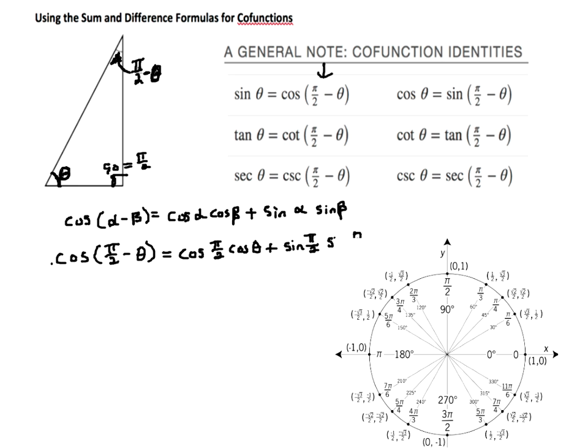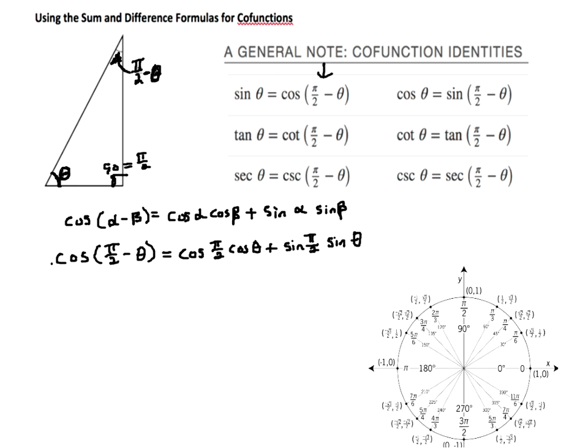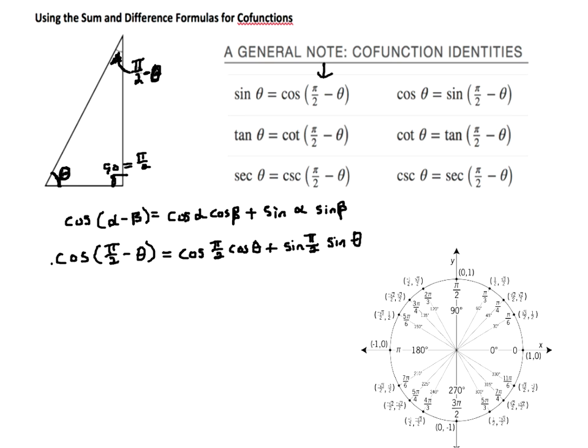We only need the pi over 2 angle, which is 90 degrees right there. Okay. All right. So you can see the coordinates for pi over 2 are 0 and 1.